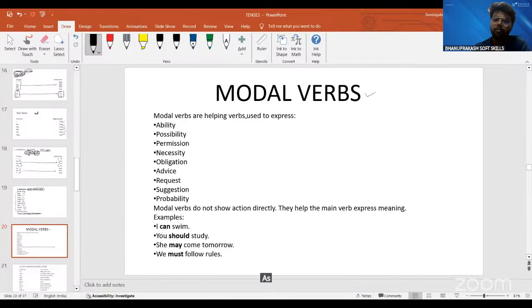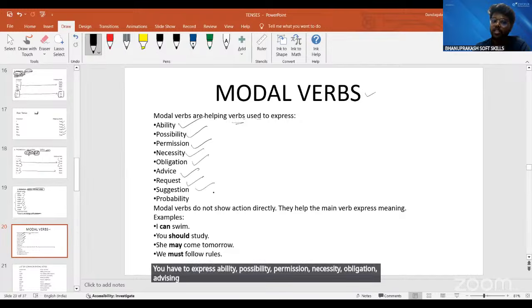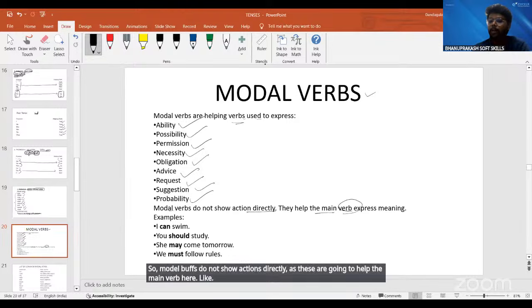Modal verbs are helping verbs used to express ability, possibility, permission, necessity, obligation, advising, requesting, suggesting, probability. Modal verbs do not show actions directly, as they help the main verb. What's the purpose of this helping verb? It helps the verb to express a meaningful sentence.